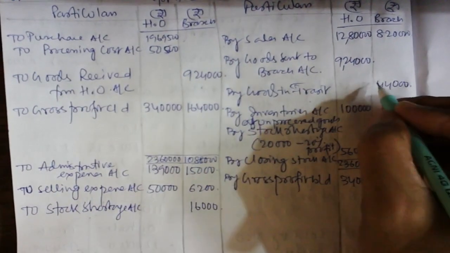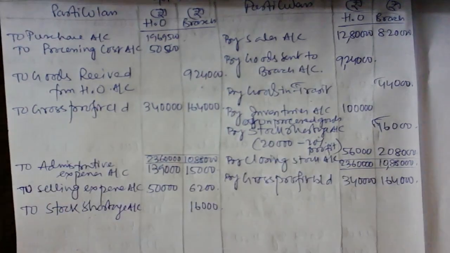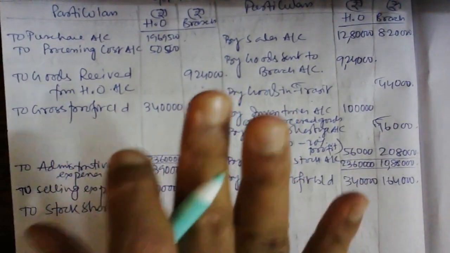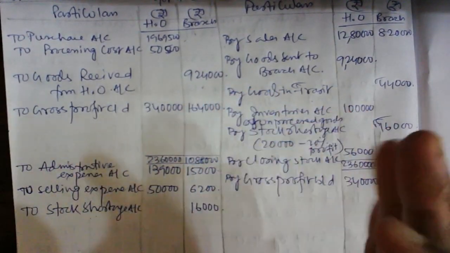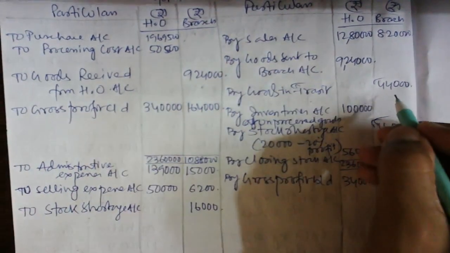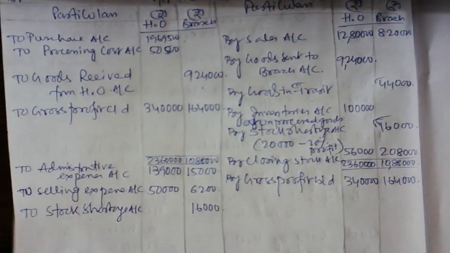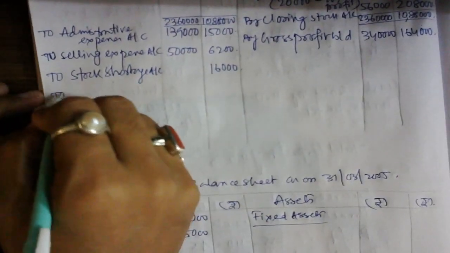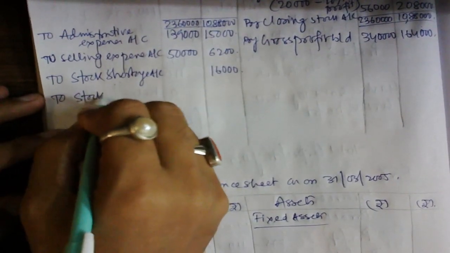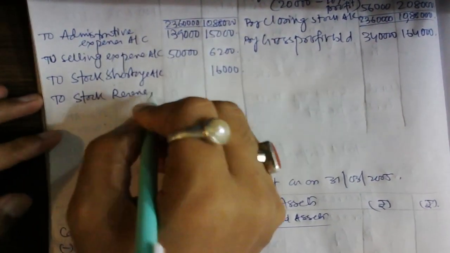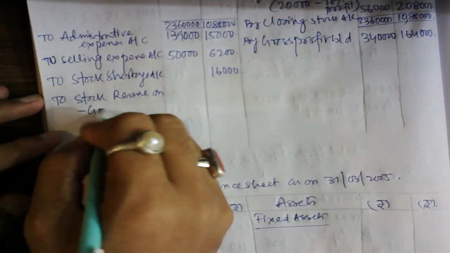Now if you see, the goods in transit is 44,000. We have discussed in the last question that whenever any goods are sent by the HO to the branch, it is made at a profit. So this 44,000 is inclusive of the profit. So can I write here stock reserve on goods in transit?